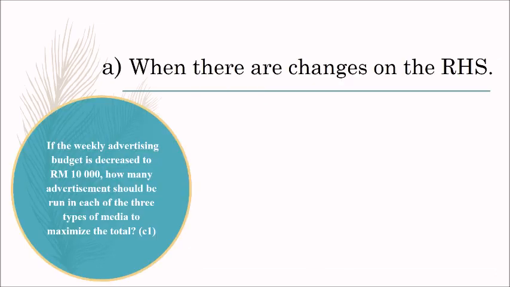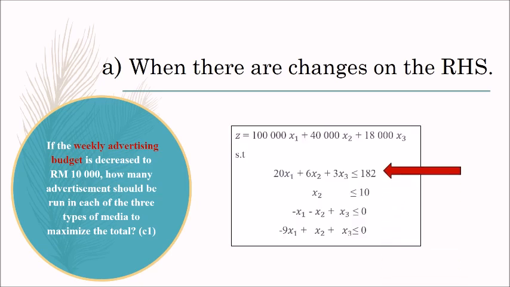Okay, this is question 2 from the first case. If the weekly advertising budget is decreased to RM 10,000, how many advertisements should be run in each of the three types of media to maximize the total? Same as question 1, the key point refers to the first constraint.